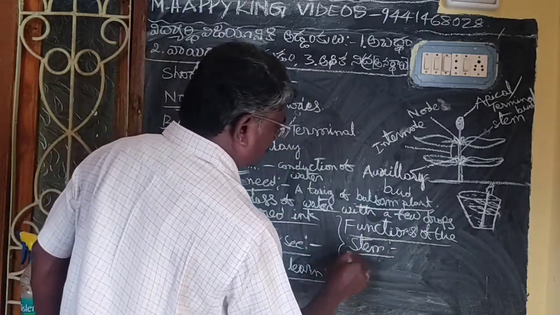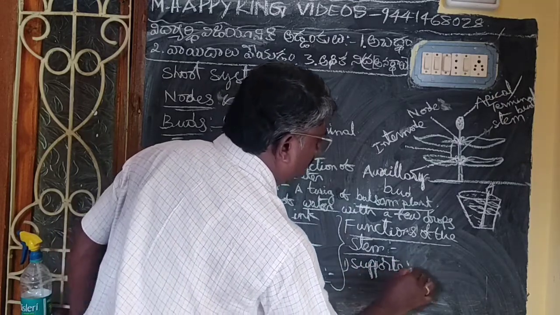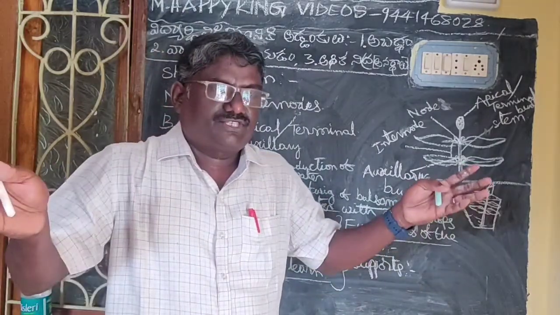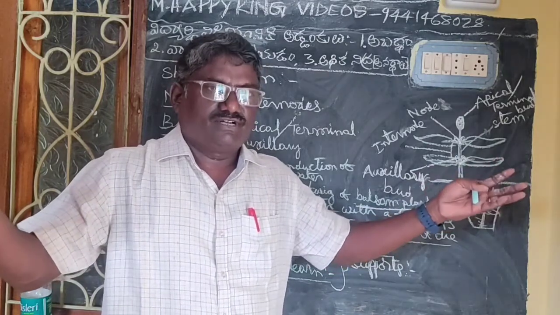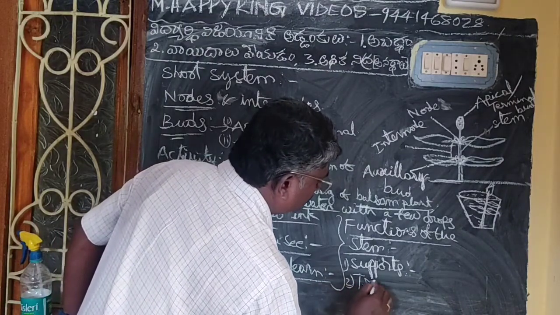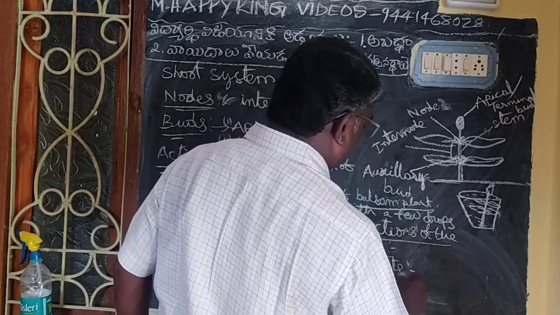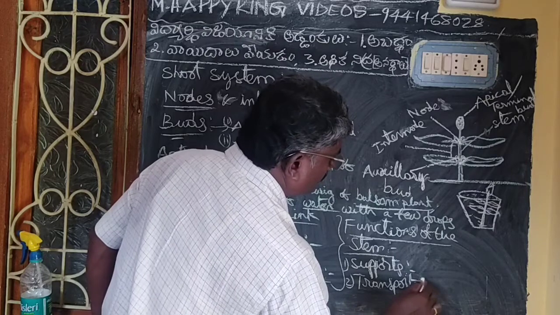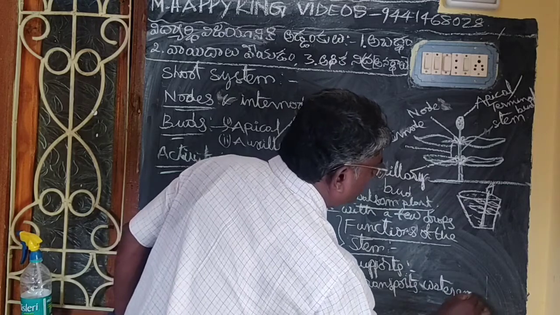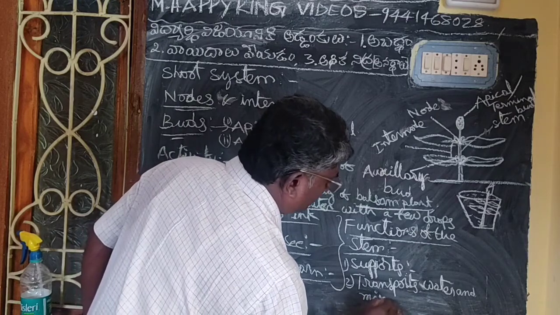The main function is it supports. Stem supports the leaves, branches, flowers and fruits, and it transports water and minerals.